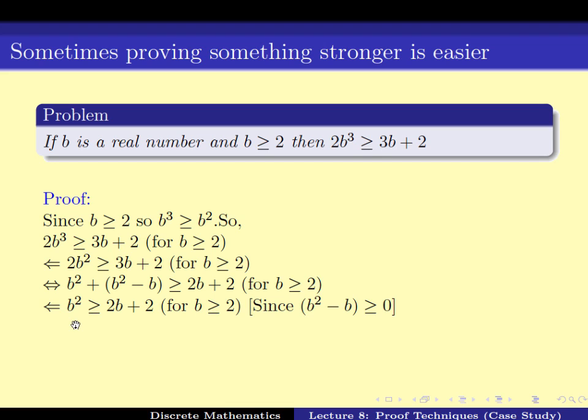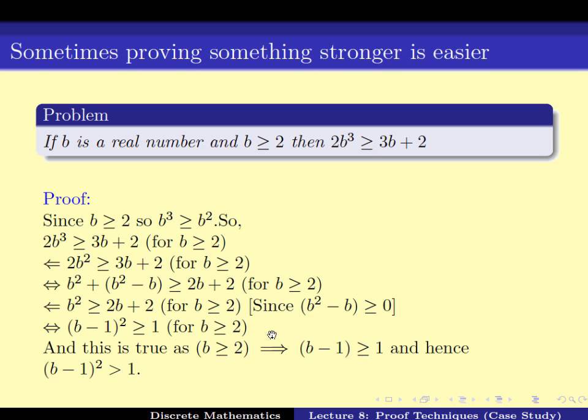It doesn't have a cubic expression and it's pretty neat at this point. And as you can guess, this is doable. This follows from the fact that b minus 1 whole square is greater than or equal to 1, which follows from the fact that b is greater than or equal to 2, and we have the result.